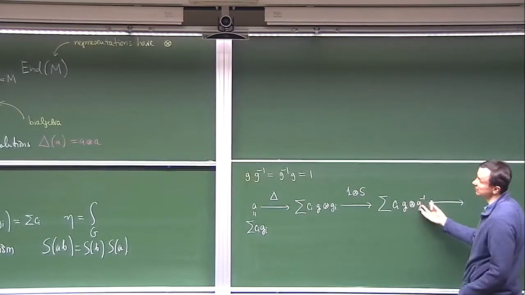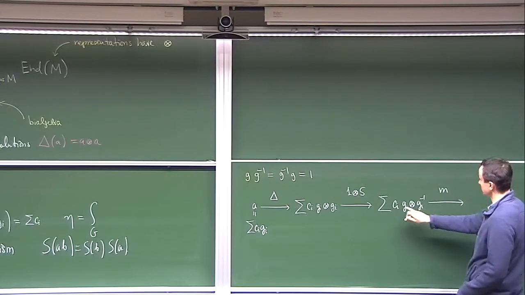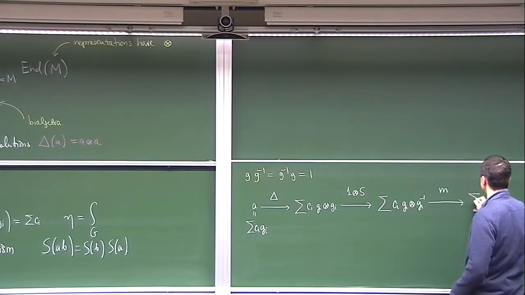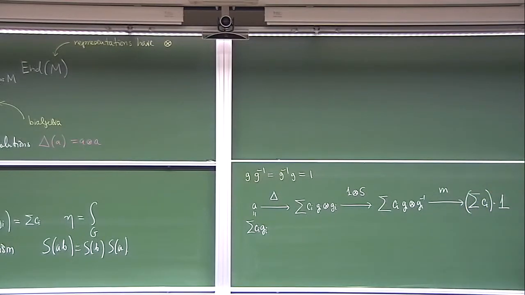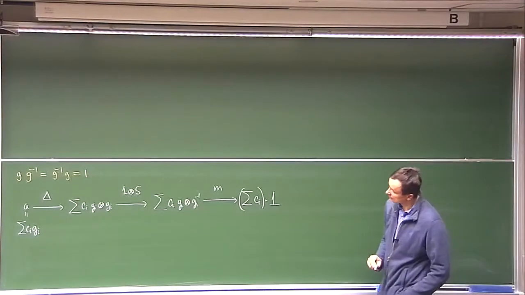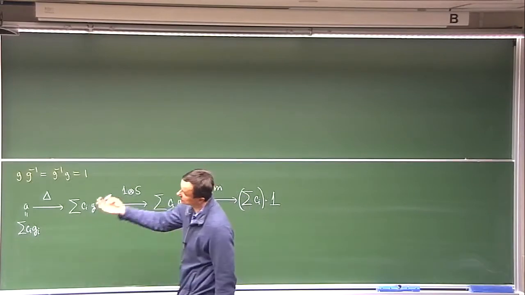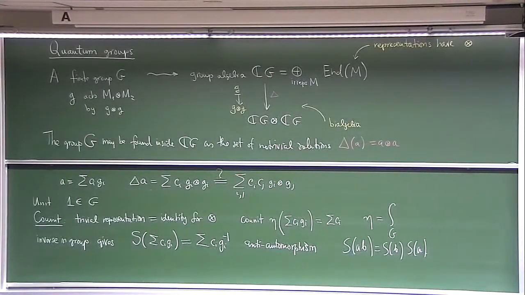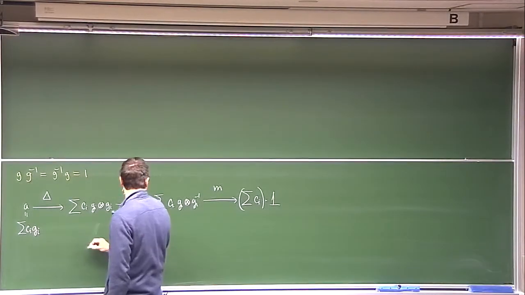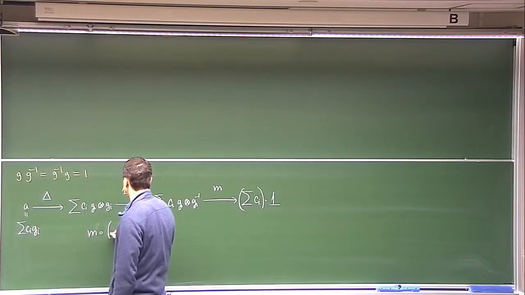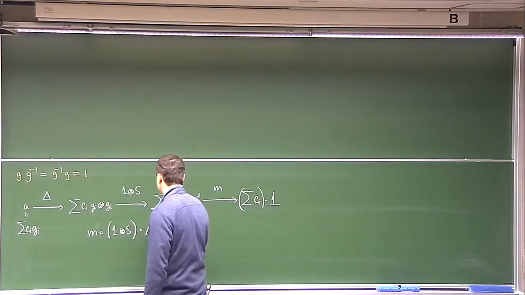And now I use multiplication. There's a multiplication map from the tensor square of the algebra to the algebra itself. And so this is 1, and I'm going to get ci times the identity in the group. So this axiom says that the antipode is inverse to multiplication in this sense: if I take the multiplication of 1 tensor antipode, or antipode tensor 1, then tensor this.